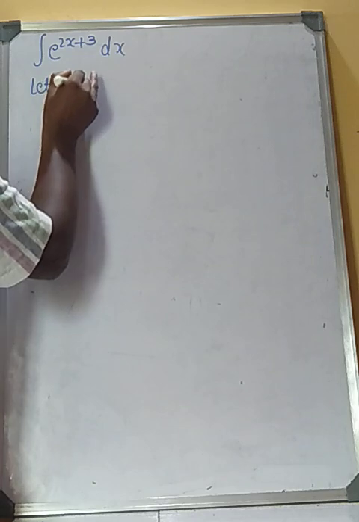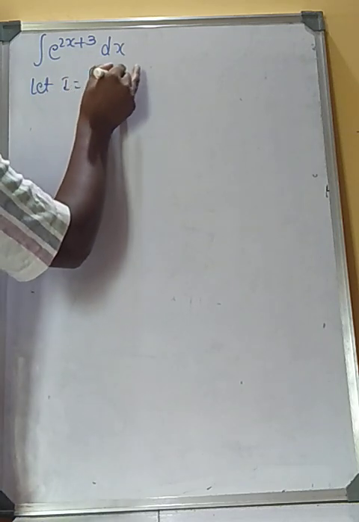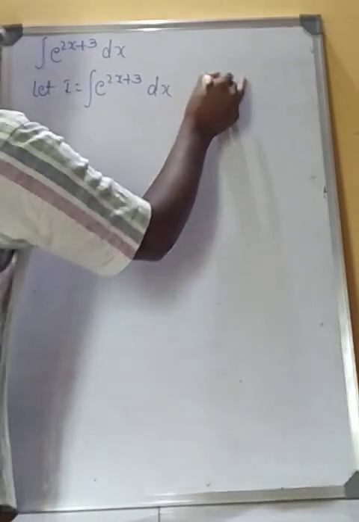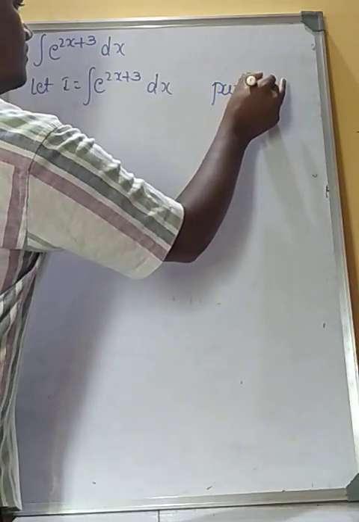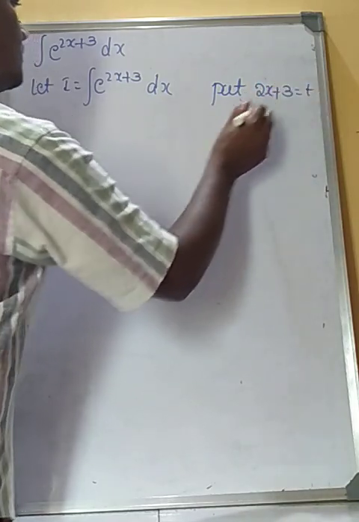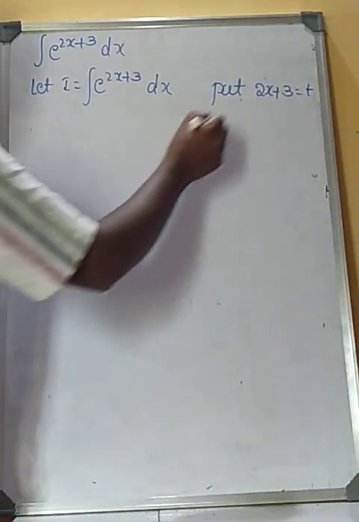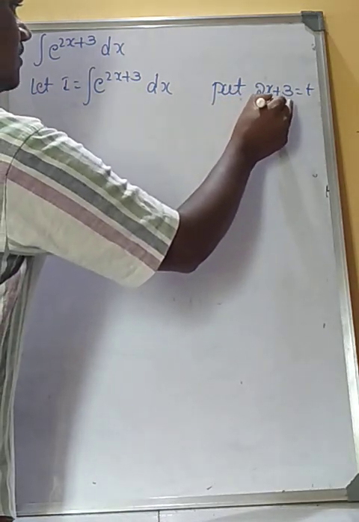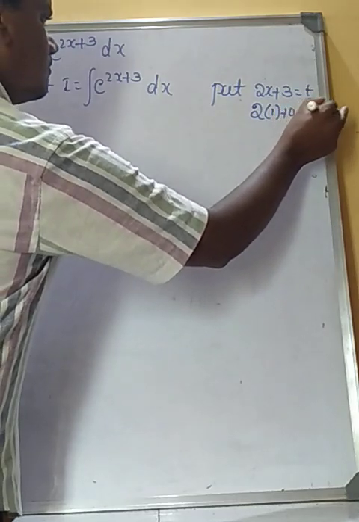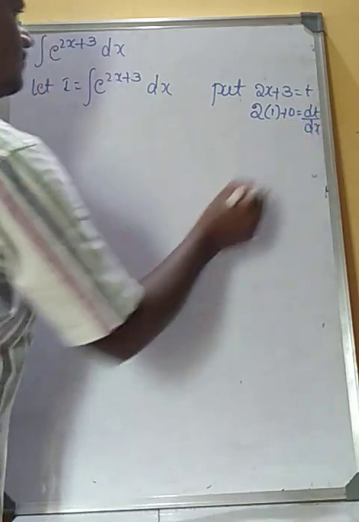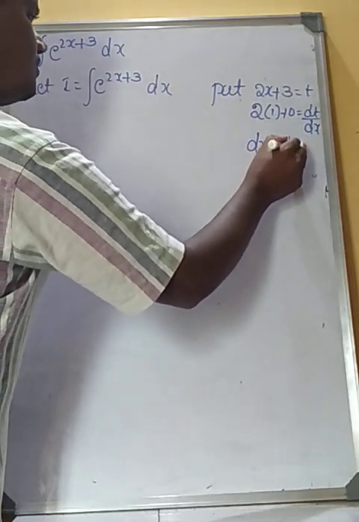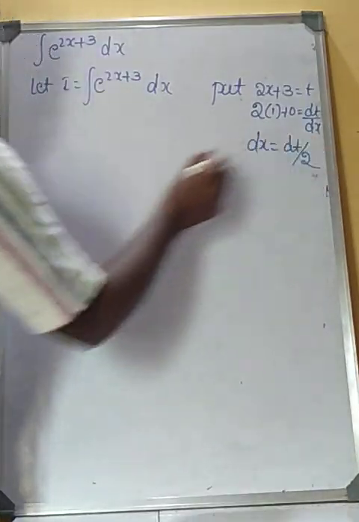So let I be equal to the integral of e power 2x plus 3 into dx. Now put 2x plus 3 equal to t. Differentiate with respect to x: 2 into 1 plus 0 is equal to dt by dx. Therefore dx is equal to dt divided by 2.